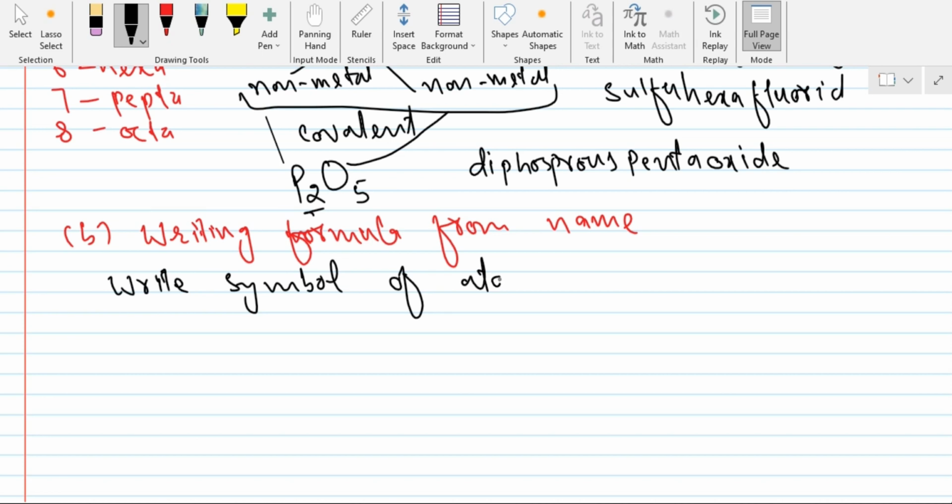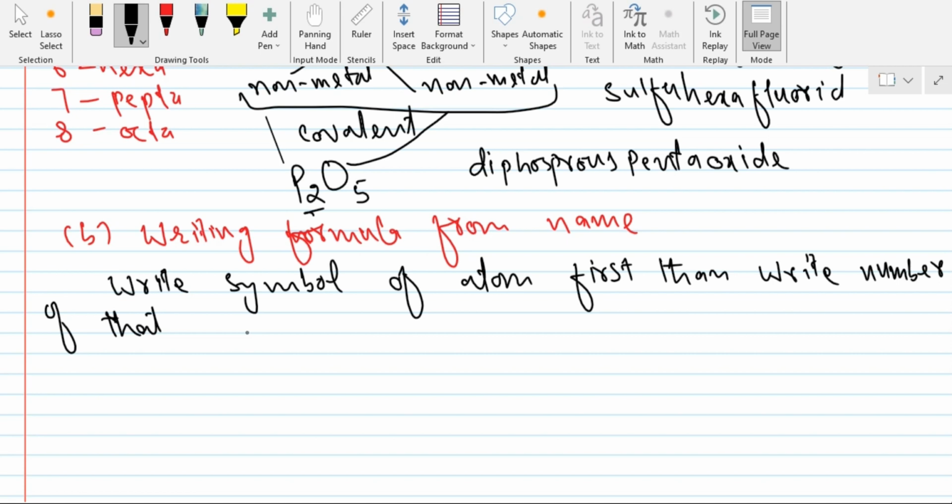Then write the number of that atom as a subscript. Subscript is the lower power.